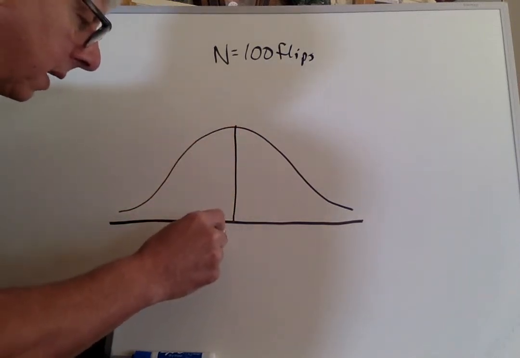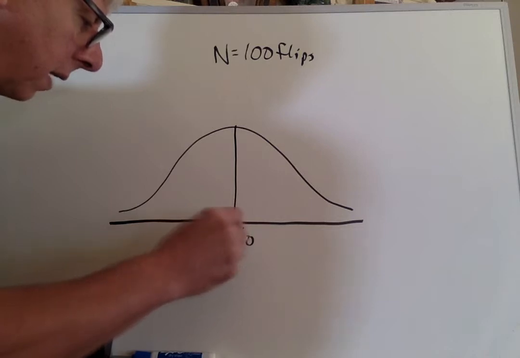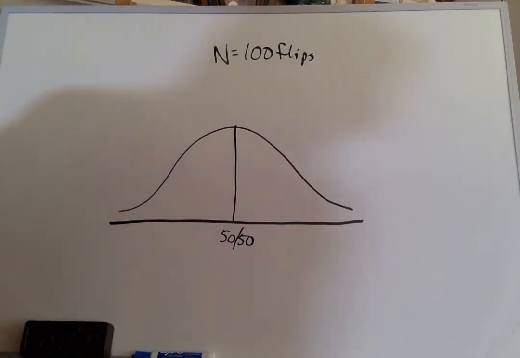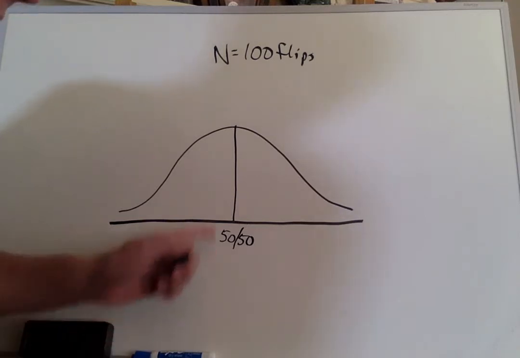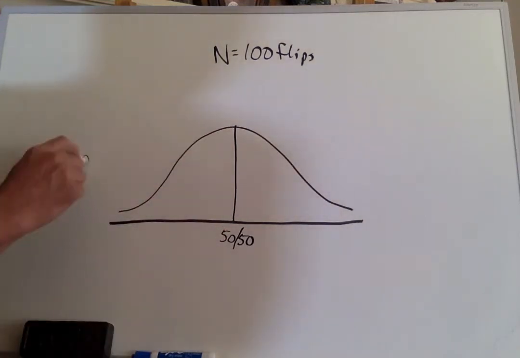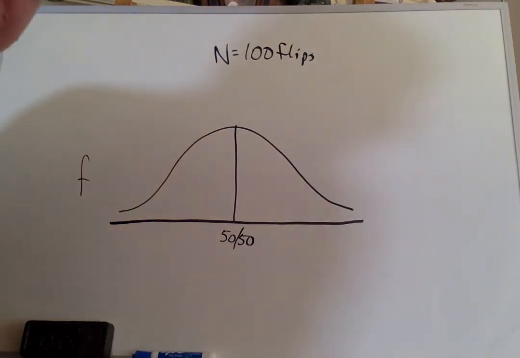I expect to see 50 heads and 50 tails, right? That would be, for a fair coin, the most likely outcome, the frequency, the mode. Most of the time with a fair coin, if you flip it 100 times, you're going to see 50 heads, 50 tails, okay?